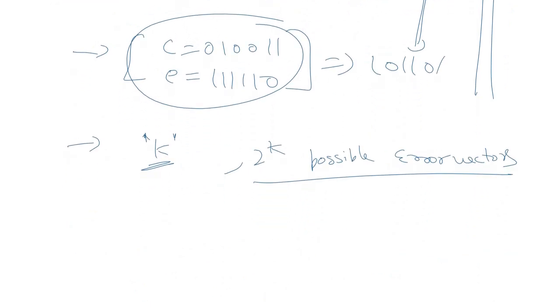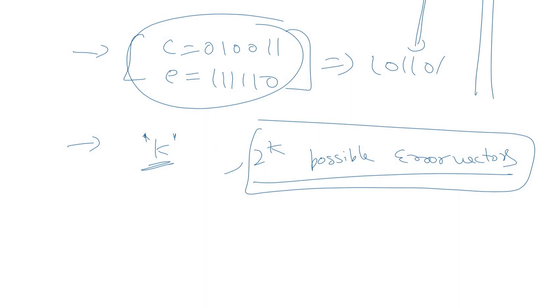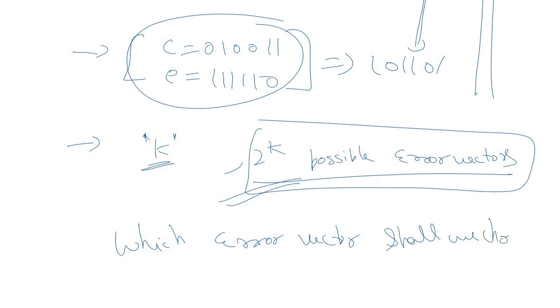In general there are 2 raised to power k possible error vectors that can be generated. Now the question is, which error vector shall we choose? This is the big question.